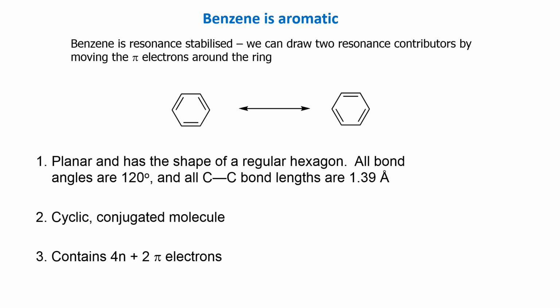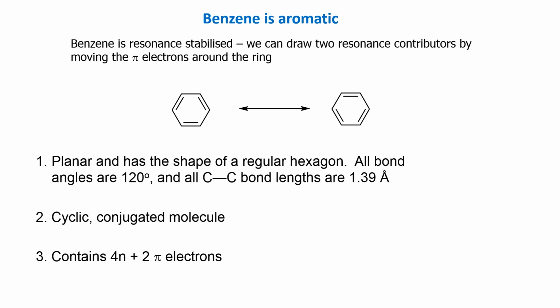It therefore conforms to the formula of 4n plus 2 pi electrons. This means that benzene meets all of the requirements to be an aromatic molecule. It's planar, it's cyclic, it's conjugated, and it contains 4n plus 2 pi electrons. And we know that aromatic molecules have special stability.